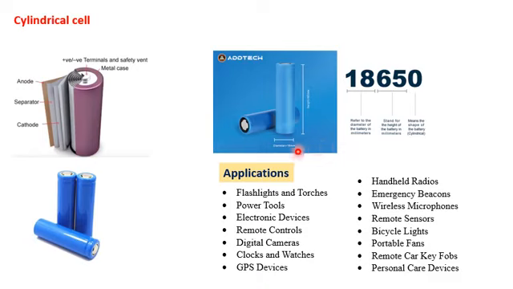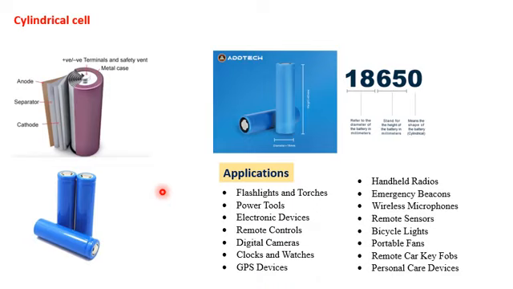If this is the cell, then this is the diameter, and 65 represents the length of the battery, and 0 represents the shape of the battery. In this case the shape is cylindrical, so a cylindrical shape will be represented by 0.